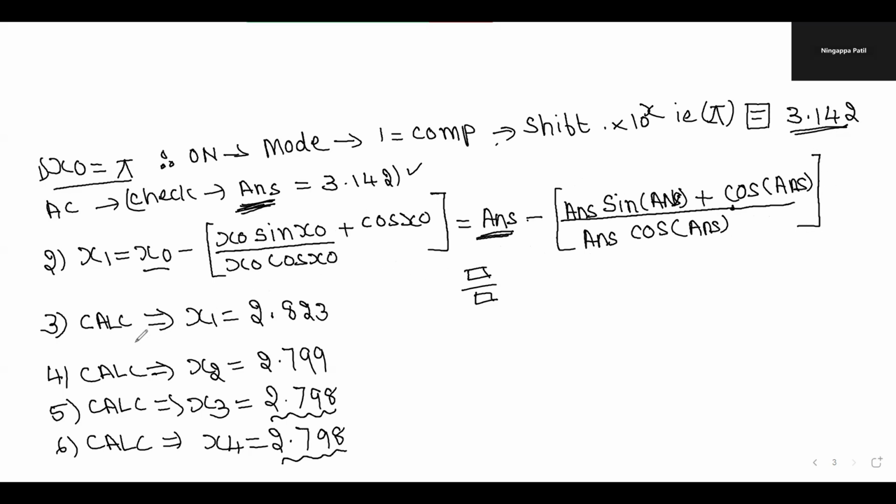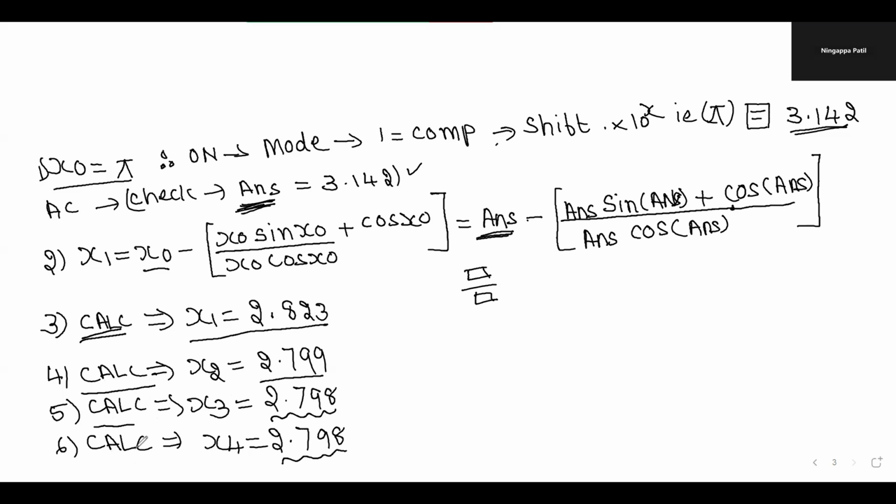Now, my dear students, remember, look here. Next step, very, very important. You press the calculate button. You are getting the value of x1 like this on the display. And if you press the calculate button once again, you are getting x2. Then press the calculate button again, you are getting the x3 value.